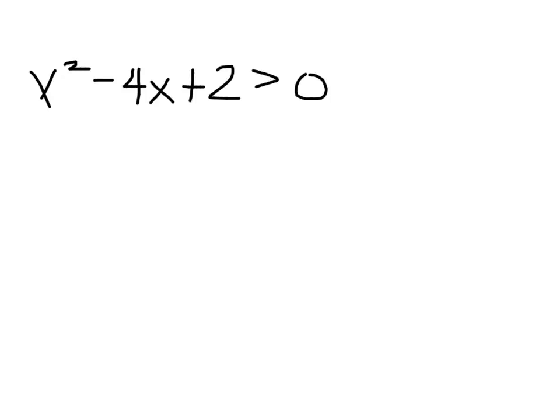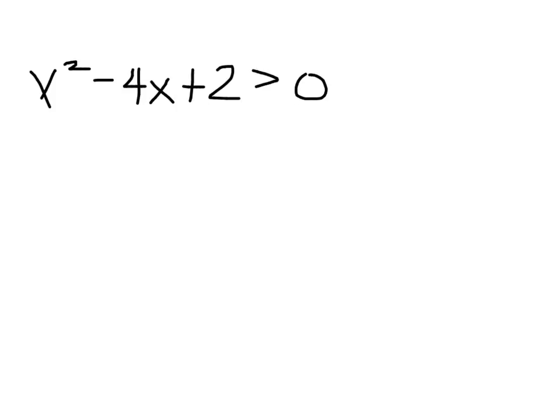So when you look at problems like this one, x squared minus 4x plus 2 is greater than or equal to 0. Again, if I had this type of scenario, I could use the quadratic formula or factoring to get the answers, but I could also use my calculator.